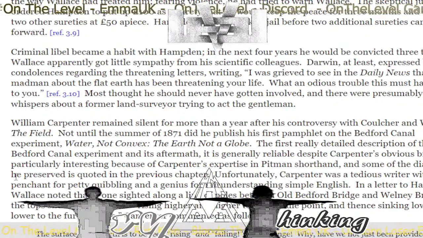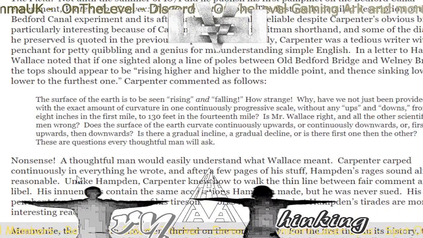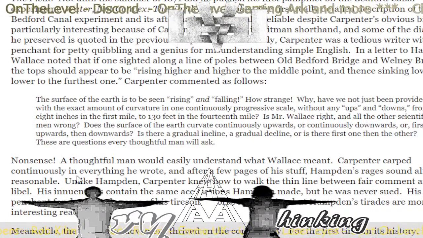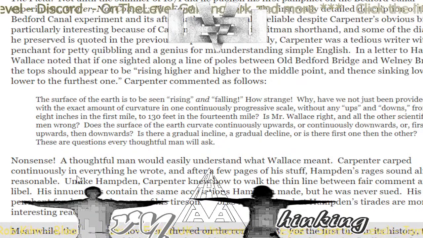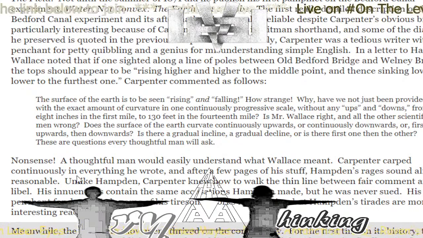Carpenter commented as follows: "The surface of the earth is seen rising and falling. How strange. Why have we not just been provided with the exact amount of curvature in one continuously progressive scale without any ups and downs, from 8 inches in the first mile to 130 feet in the 14th mile?